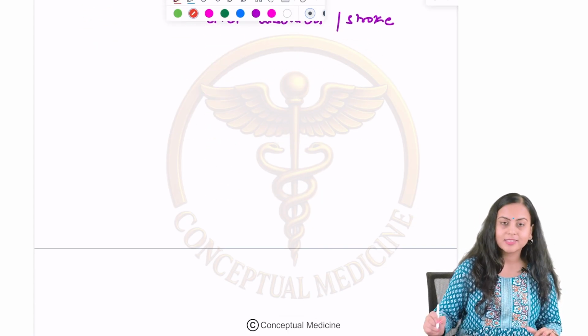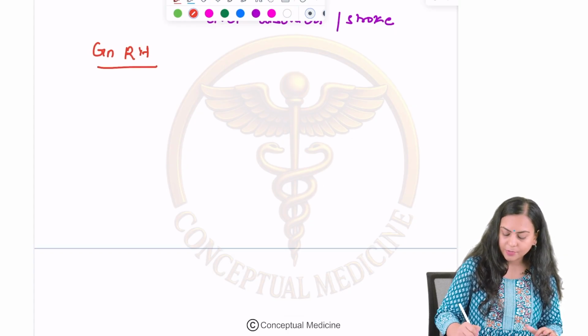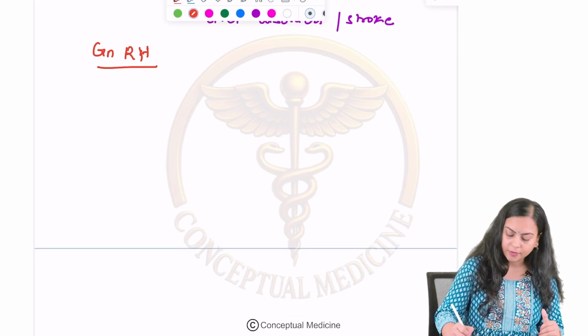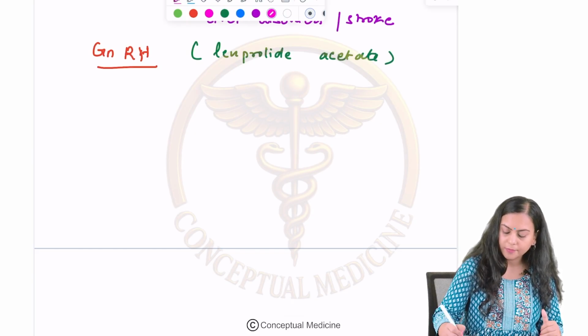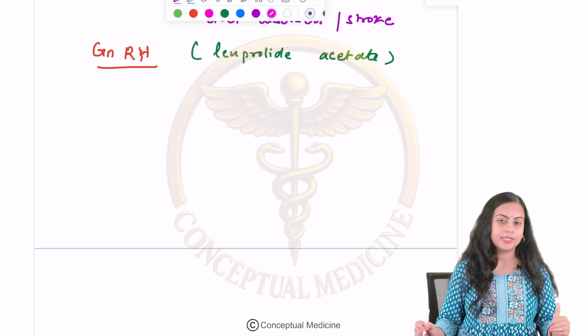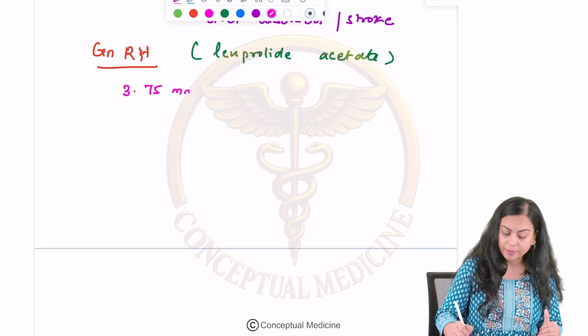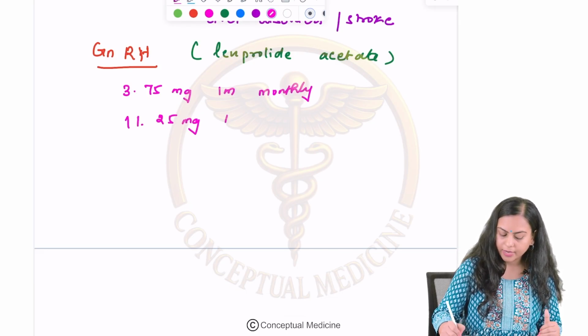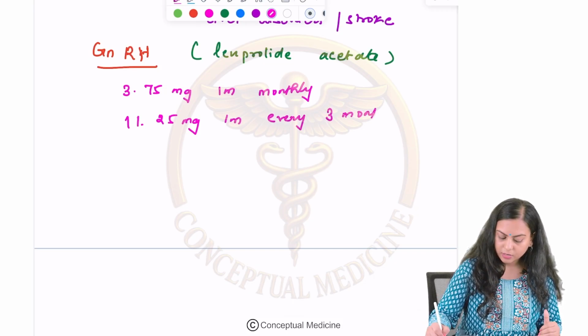Then let us discuss about GnRH, gonadotropin releasing hormone. Especially we are going to discuss about the leuprolide acetate. Okay, leuprolide acetate in heavy menstrual bleeding will be given at a dose of 3.75 milligram IM as a monthly injection, or 11.25 milligram IM that can be given every 3 months. Clear?